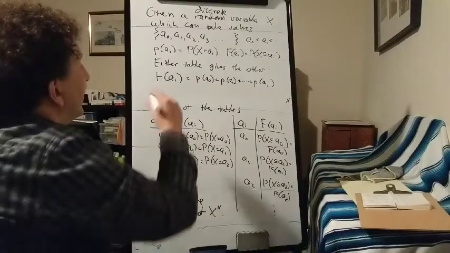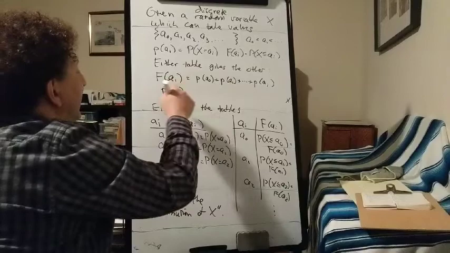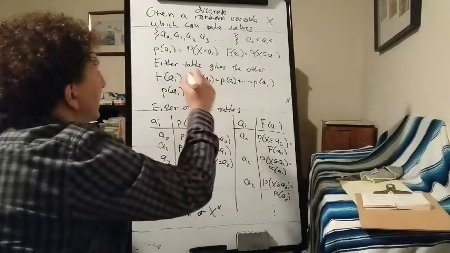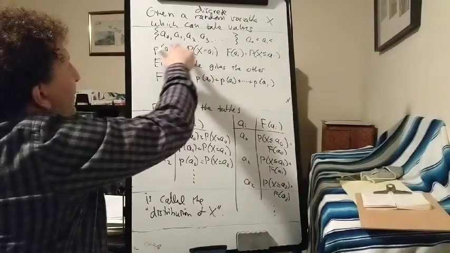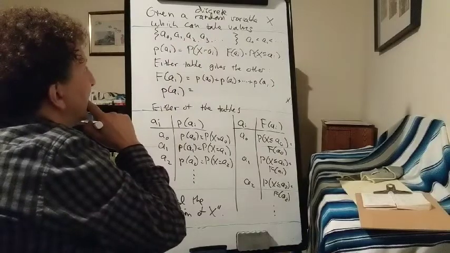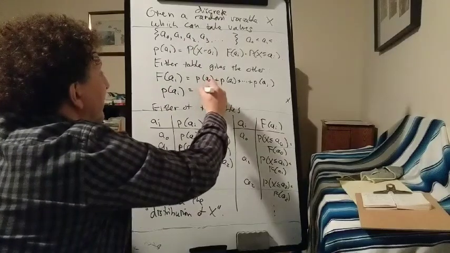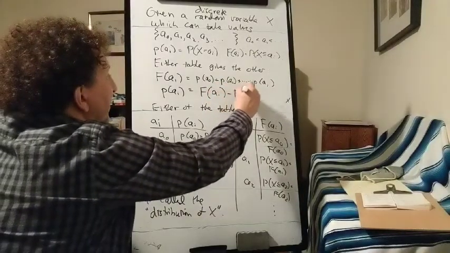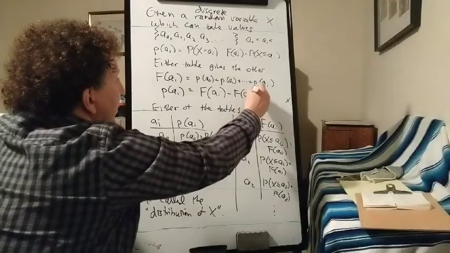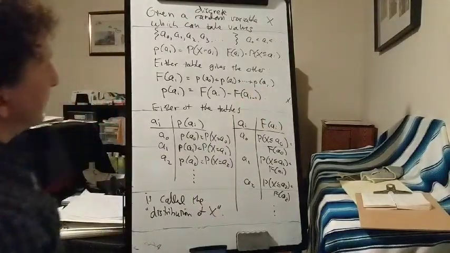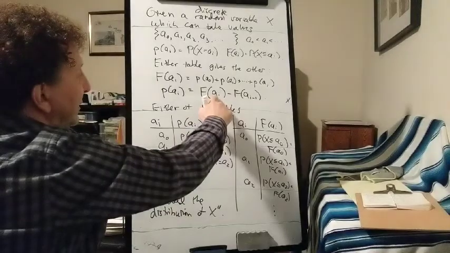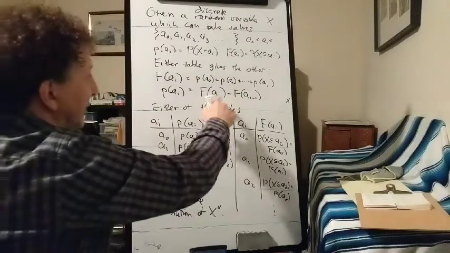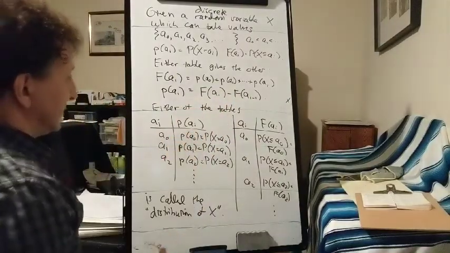And then what if I want p of ai and I'm given this cumulative distribution table? Well, if ai is the ith biggest value here, then it's the probability that X is less than or equal to ai minus the probability that X is less than or equal to a(i-1). Because the only element counted in this difference is going to be ai, because we're going to subtract off the probabilities of everything less than that.